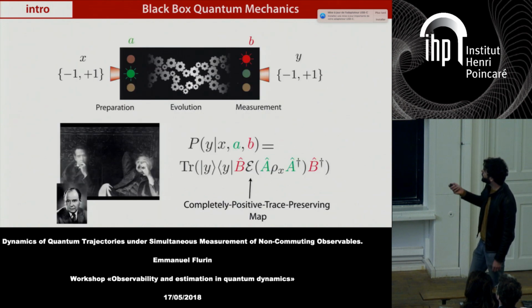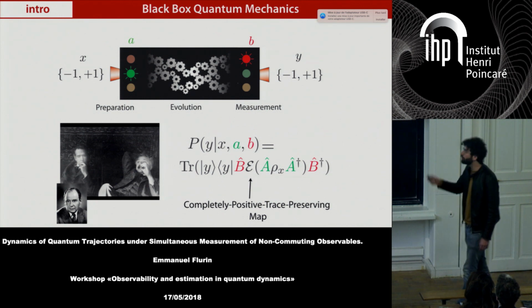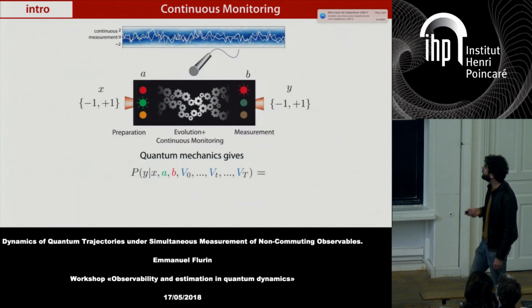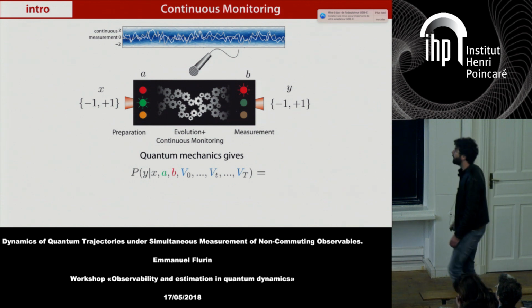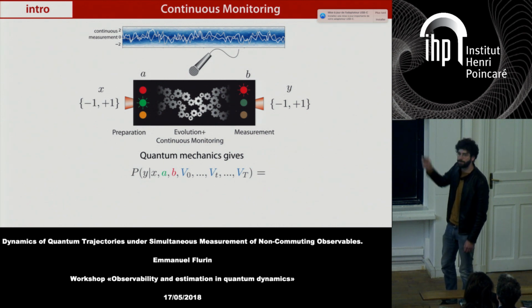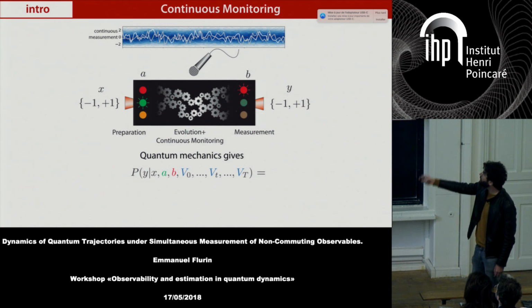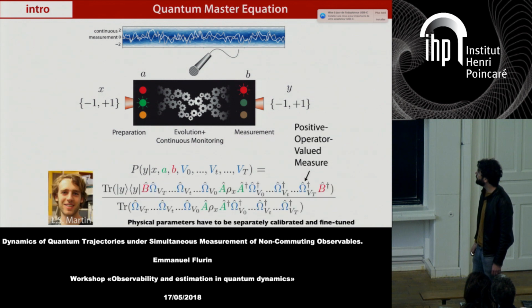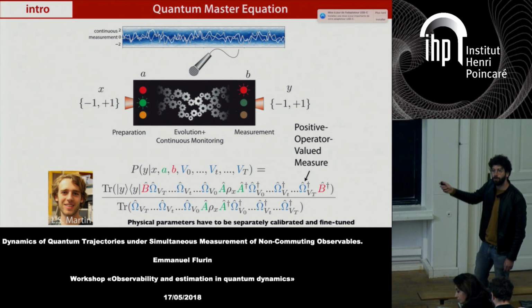So the goal is to see if there is a way around using all this formalism and to do it in a more model-independent way. For instance, in our experiment, we can also monitor the noise produced by this box, right? We just place a microphone or an amplifier, and we get this continuous measurement trace that Antoine talked about before. Now, if you want to get the most likely outcome out of this box, you need a pretty talented student who is going to calculate all the positive operator-valued measures that correspond to the exact noise trace you got.